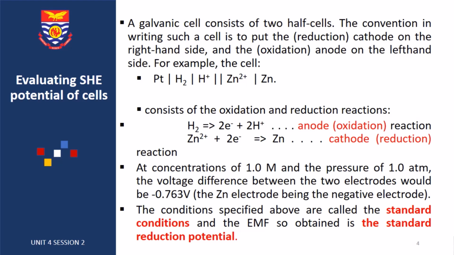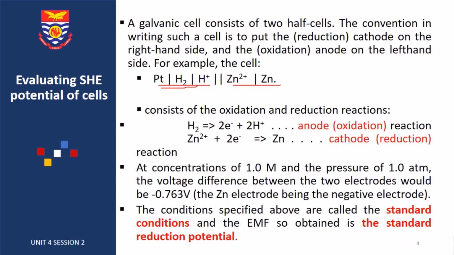So when you see this, we can say that this is undergoing reduction, and this is undergoing what? Oxidation. In this particular example, the hydrogen is undergoing oxidation and then the zinc is undergoing reduction.